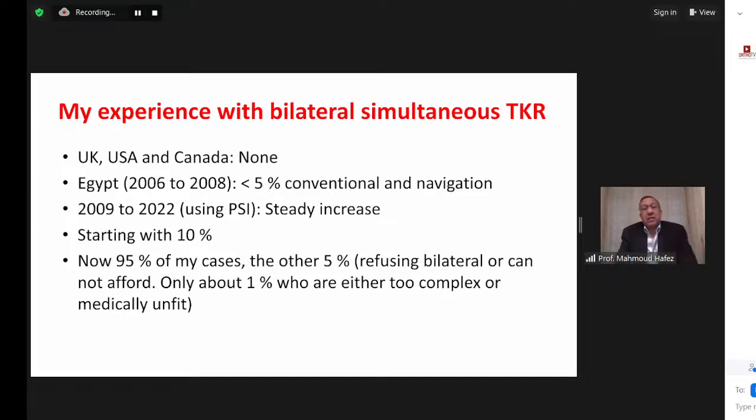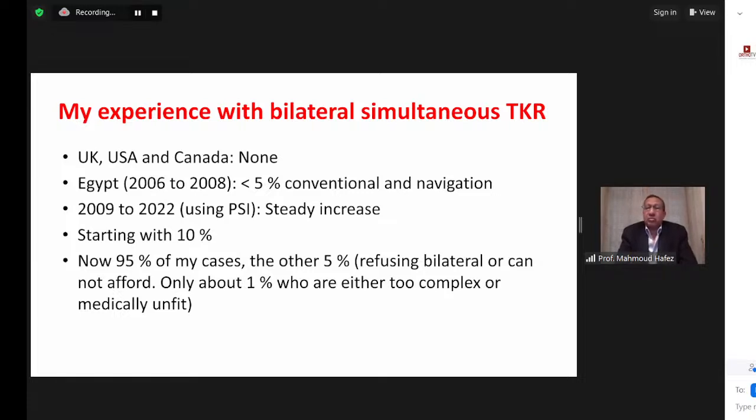So I started PSI in 2009, and this data is actually from last year, which is why it's written 2022. I had a steady increase in PSI. It started with probably less than 10% and then gradually increased. So nowadays, 95% of my cases are done with PSI. So why is 5% not done with PSI?